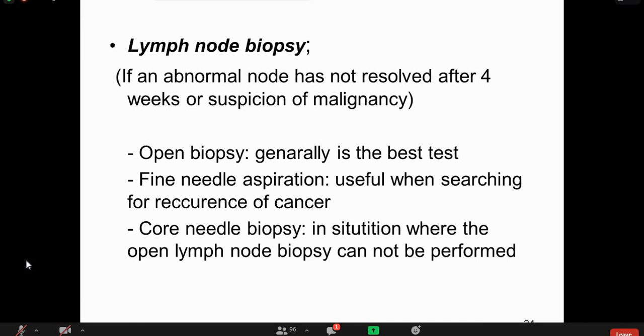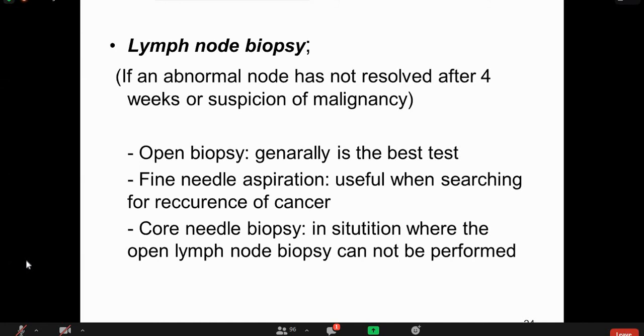Fine needle aspiration requires the aspiration of the lymph node fluid and then its visualization under the microscope. It does not give any histopathological evidence, but it can be useful when searching for recurrence of cancer.